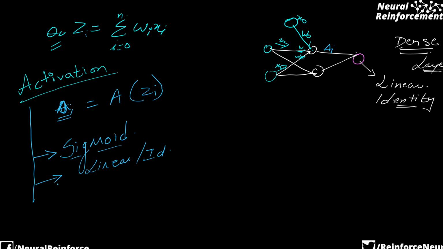Sigmoid has its weaknesses, so you could have used tanh over here, that could have given a similar treatment, but because of the weaknesses in sigmoid and tanh that we'll discuss later in some of the other videos, there could be anything.